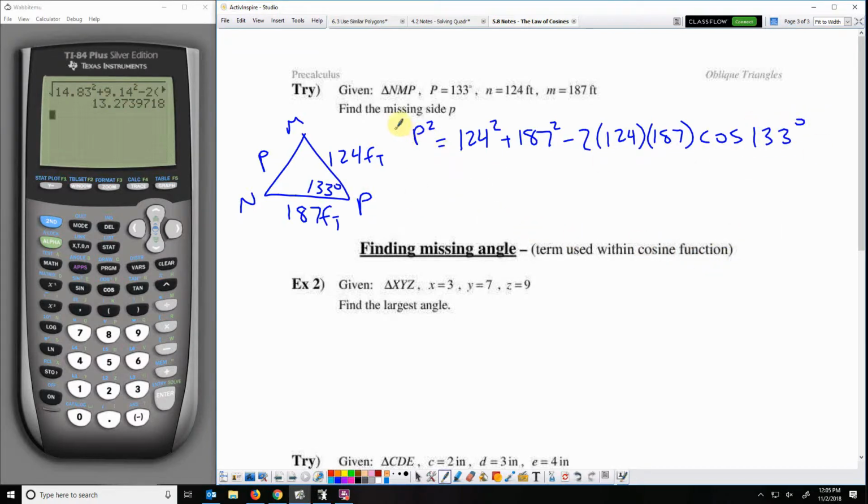And again, to get that squared gone, I just need to do the square root of both sides. So it's the square root of 124 squared plus 187 squared minus 2 times 124 times 187 times cosine 133.